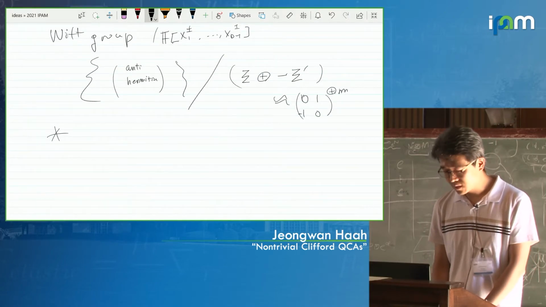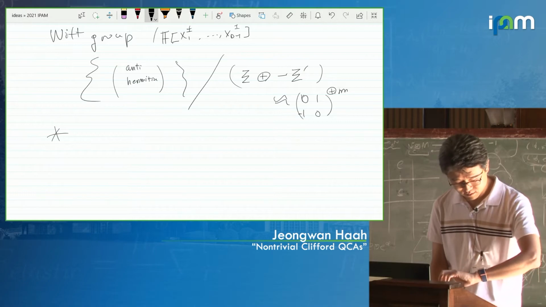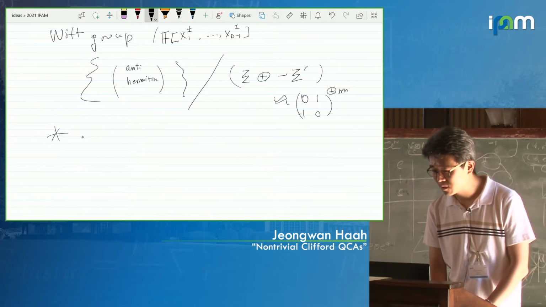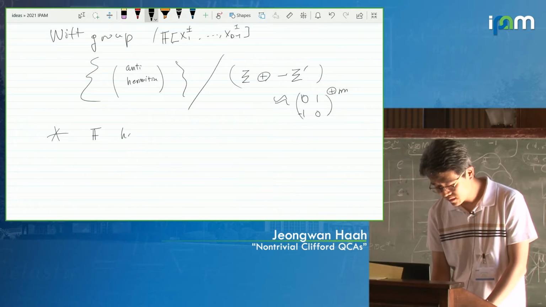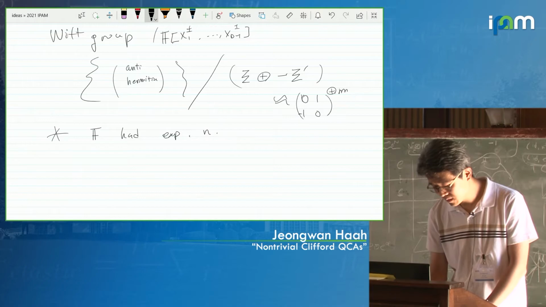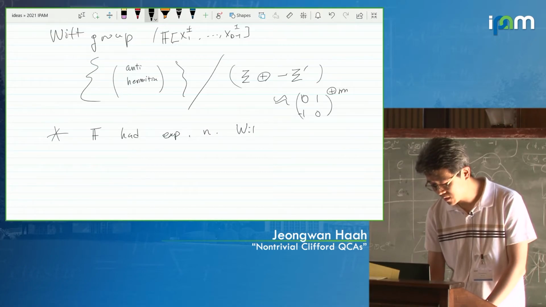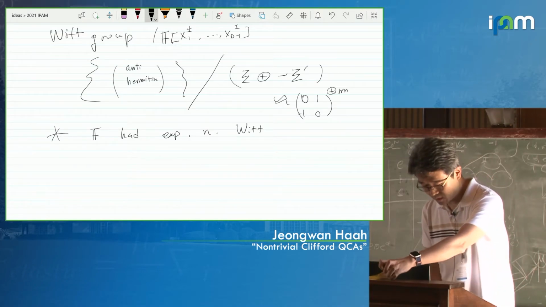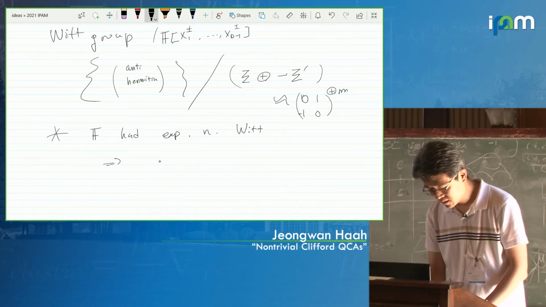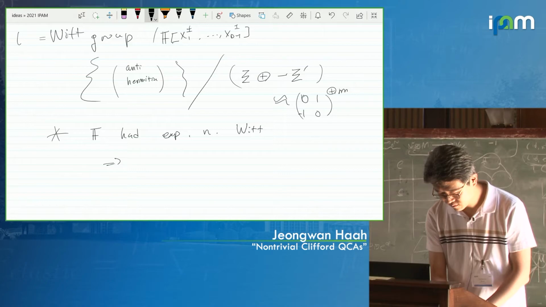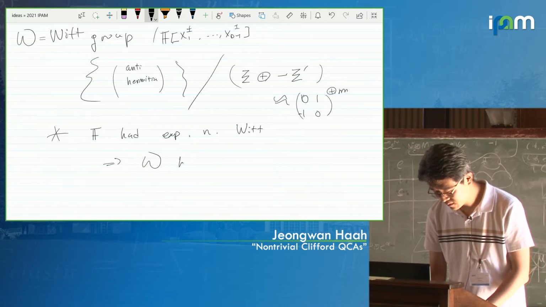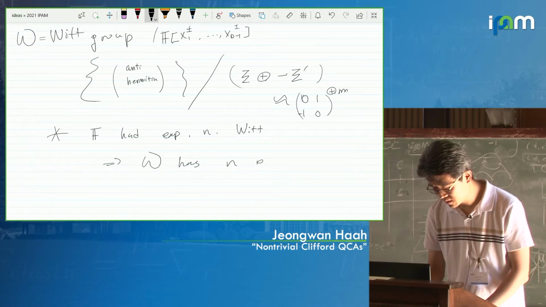It's a simple theorem, but let me just state it without proof. If your field had exponent, say n, as in the traditional classical Witt group, then this has the same exponent.